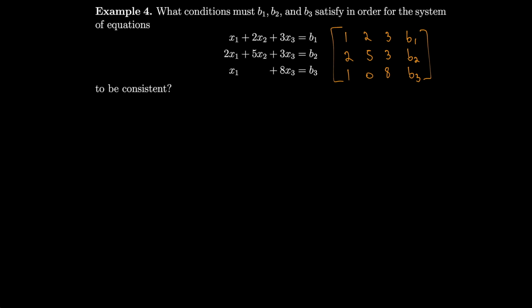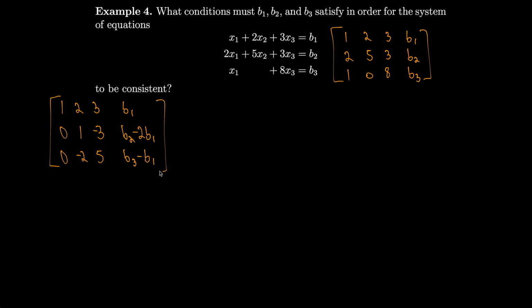Okay, so how about I try to get, again, zeros over there. So I'll get 1, 2, 3. I'll keep my first row the same, B1. My second row becomes 0, 1, minus 3, B2 minus 2B1. And my third row becomes 0, minus 2, 5, B3 minus B1.